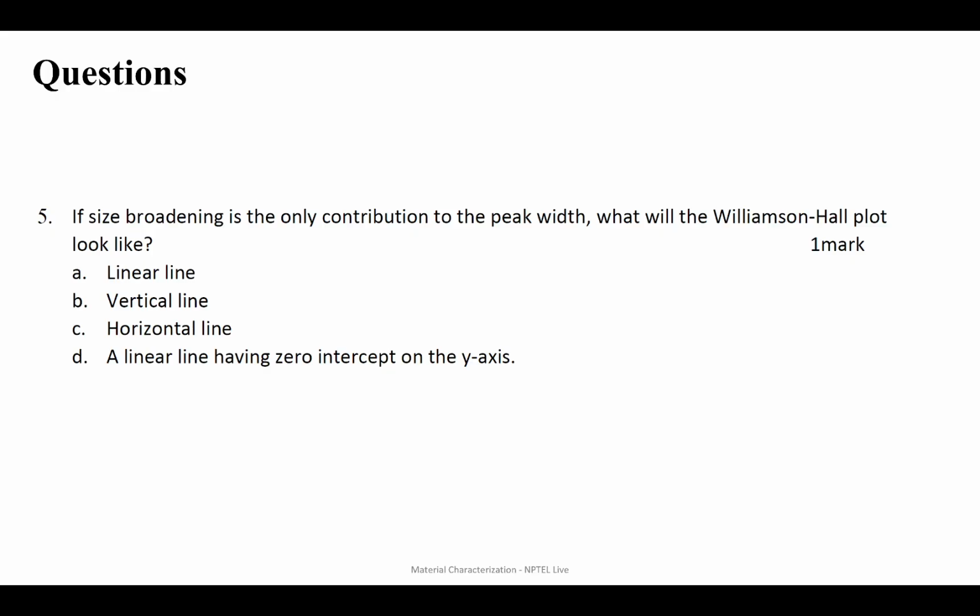If size broadening is the only contribution to the peak width, what will the Williamson-Hall plot look like? Linear line, vertical line, horizontal line, or linear line having zero intercept on the y-axis?